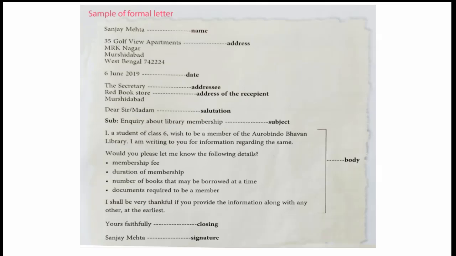Then you write the description, the matter, the body, explanation, not in detail but in brief. Then finally you end up your writing part with subscription, that is called closing line: yours faithfully, yours sincerely, and then you give your signature. So this is the format of formal letter.